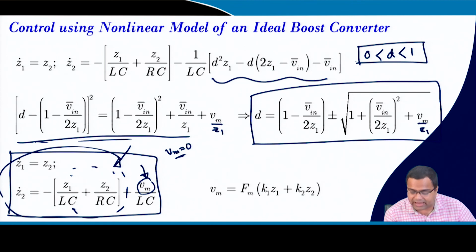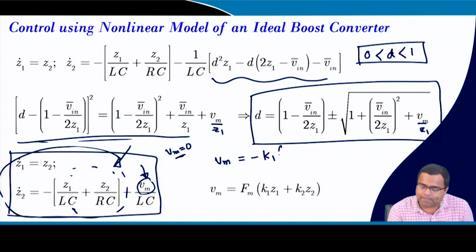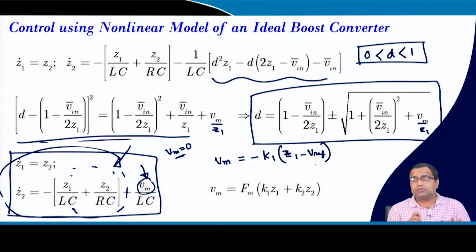And in more generic terms, we can take Vm to be minus K1 times something. What is Z1? Z1 is the output voltage. So, you should take something like Z1 minus the reference voltage, because we need to regulate the output voltage to its desired value.